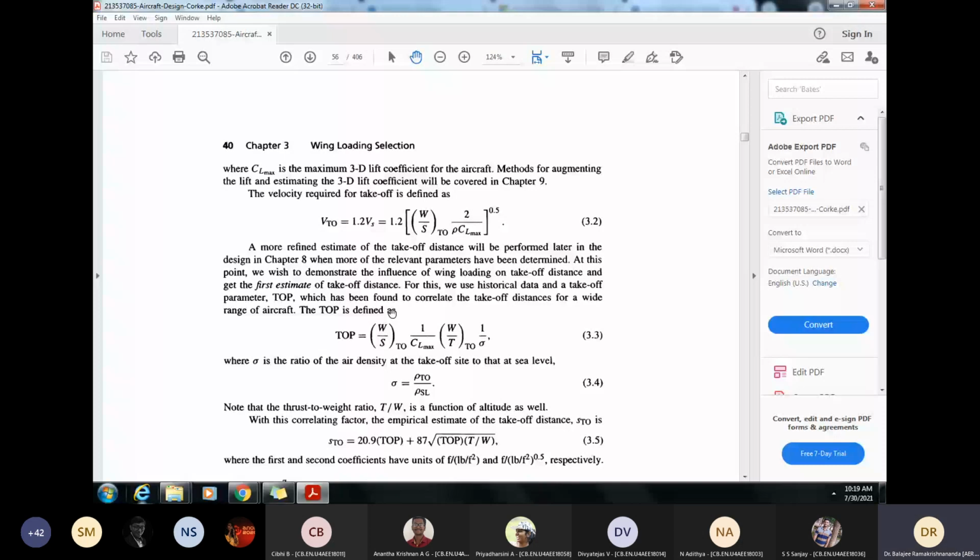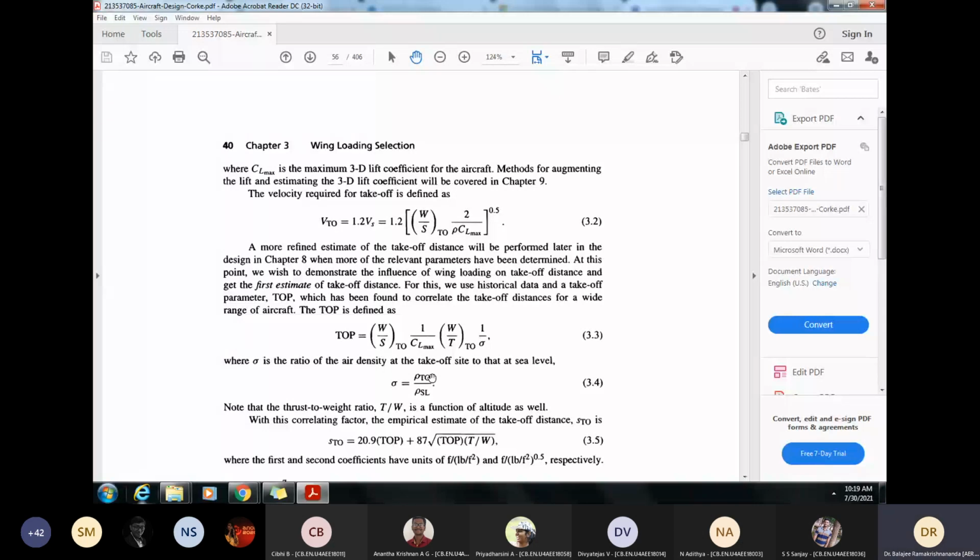TOP is defined as wing loading at takeoff times 1 by CL max times 1 by T by W, times 1 by sigma. T by W is an important design parameter, the thrust to weight ratio, just like wing loading. Sigma is the density ratio, because your takeoff airport may not be at sea level; it may be at some height.